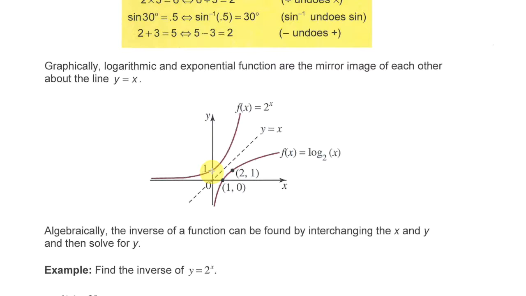So as an example, 0, 1 becomes 1, 0, and the point 1, 2 becomes 2, 1 for the inverse. Graphically, you can see that this y equaling 2 to the x, the mirror of that forms the inverse, log base 2 of x. So that there has simply been mirrored in the line y equaling x.